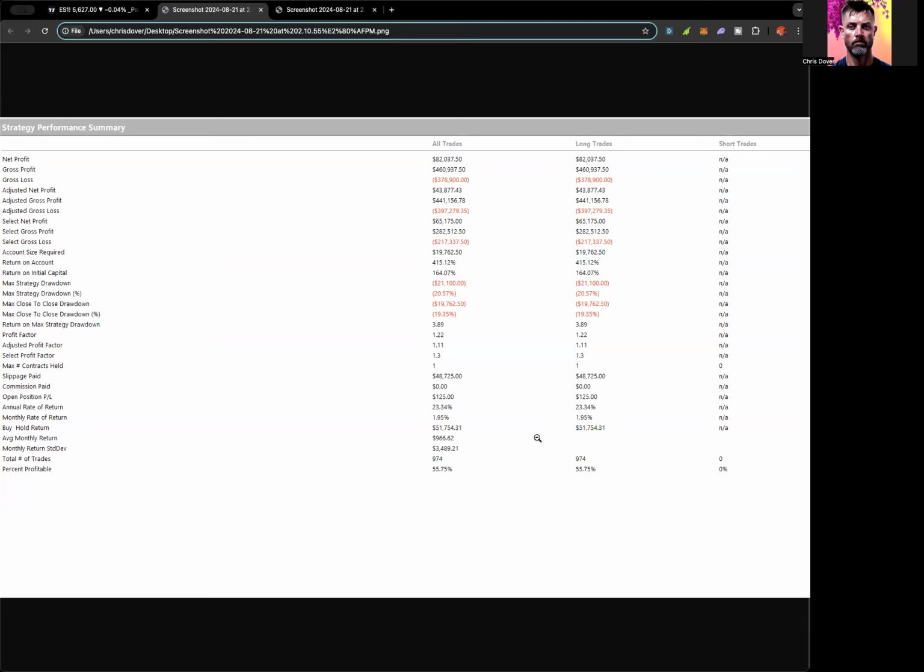Given that 10 contract example we were just talking about, it was $700 or whatever that example was. But let's say you have that same $25,000 account that you need to be able to trade intraday. You risk 1% per trade.